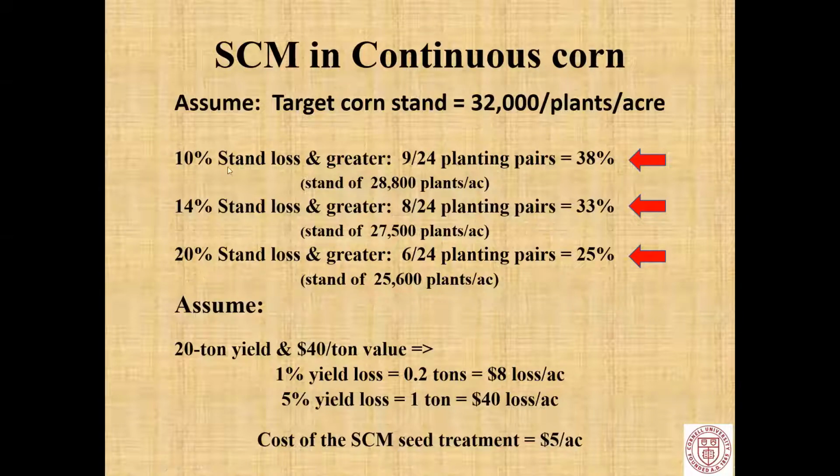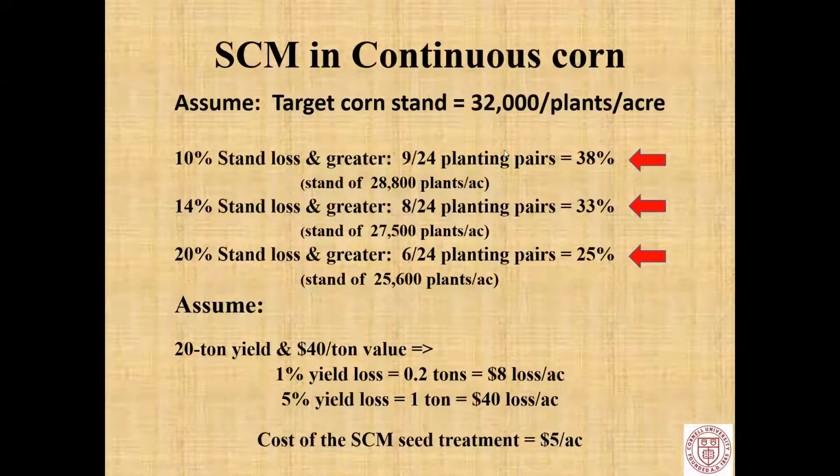Some people are adamant that we start seeing it at 10% stand loss. Some people believe that's where we start seeing yield loss. Many people believe that we start seeing measurable yield loss at about 14, 15% stand loss, and everybody agrees 20% stand loss will see yield loss.